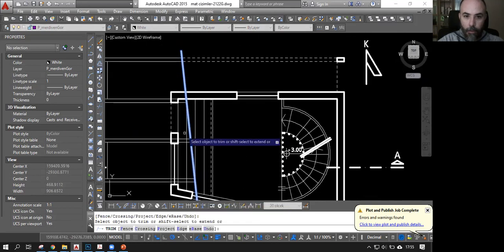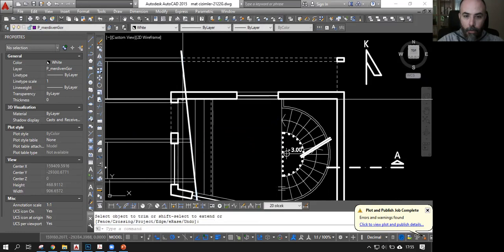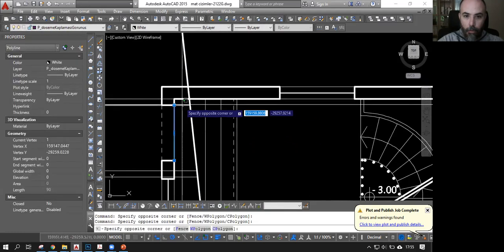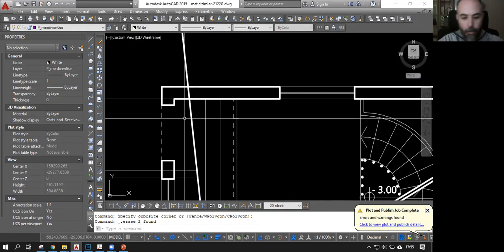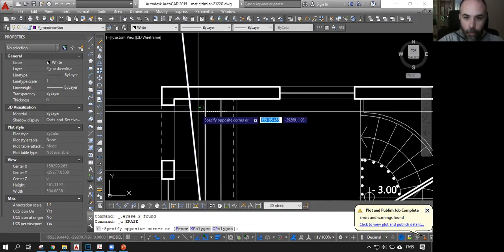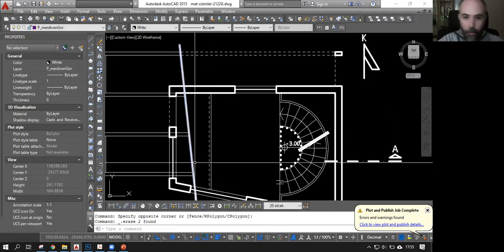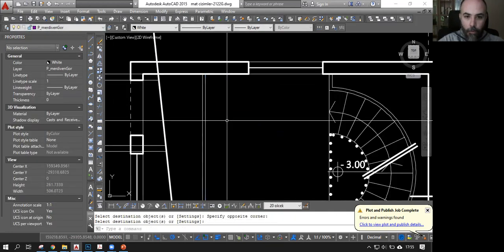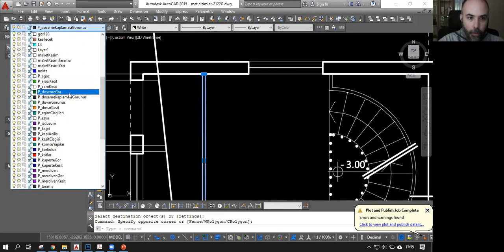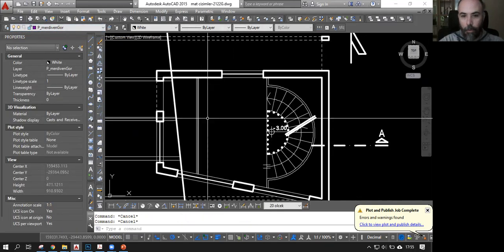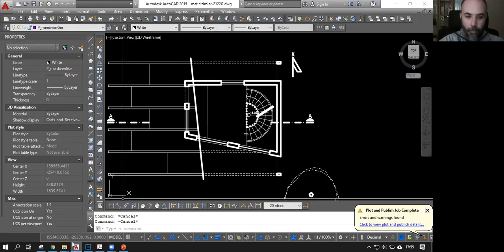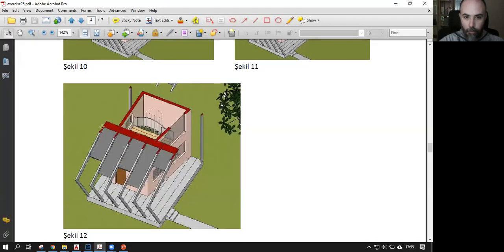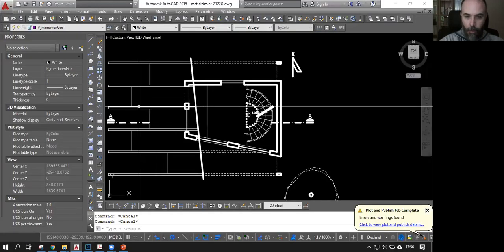And so I'm going to erase these lines, and that's the edge of the first floor. That's the edge of the first floor here. And since these walls are being blocked by the roof itself, I can do them in dashed lines this time.